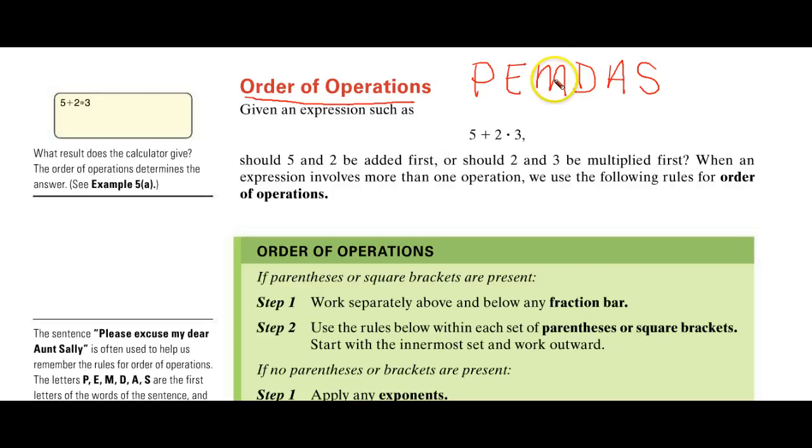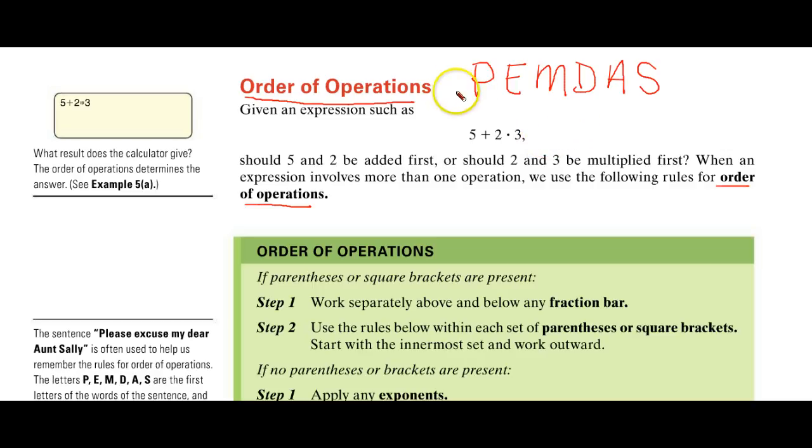If division is first, you do the division. If multiplication is first, you do the multiplication. And then finally at the very last step, when there's no more grouping symbols, exponents, multiplications, or divisions, and these are all from left to right, you do addition or subtraction, if subtraction is first. This is the order of operations.